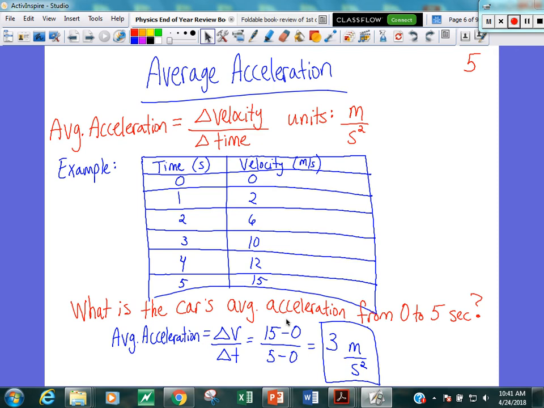And when you simplify this, 15 divided by 5 is equal to 3. And it's 3 meters per second squared. The units for acceleration will always be meters per second squared. So that is his average acceleration throughout that 5-second time interval. He averaged an acceleration of 3 meters per second squared.